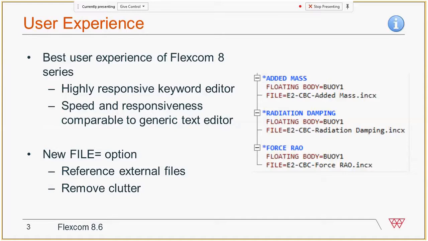So we made a few different changes in this version to make it much faster and better user experience. The first thing we did is we optimized the source code so that the program actually runs much faster now. A second related theme is that for keywords which tend to be quite bulky or contain a lot of information, we've actually allowed the user to sort of farm out that information into separate files. And we'll see both options here now as well.